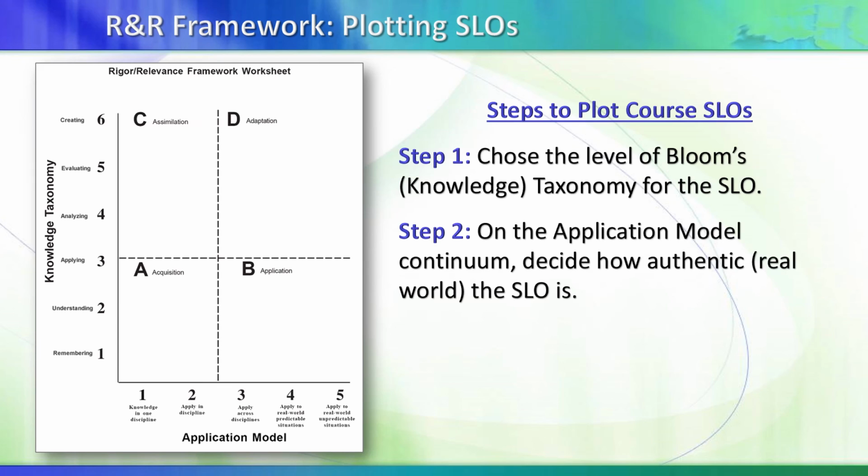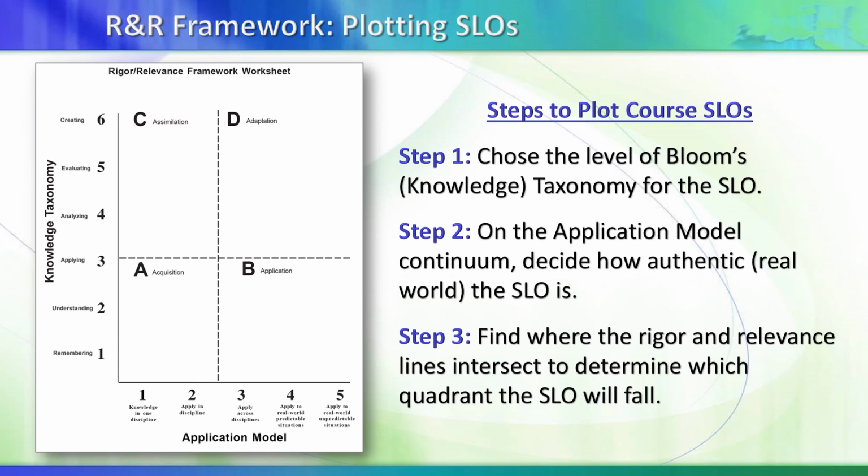Does it involve many disciplines? Or is it limited to course or discipline knowledge? Then, find where the X and Y axis lines intersect to determine which quadrant the SLO will fall. Based on the quadrant the SLO is in, you can develop the appropriate assessment.